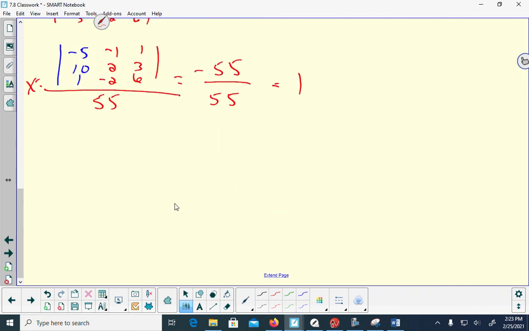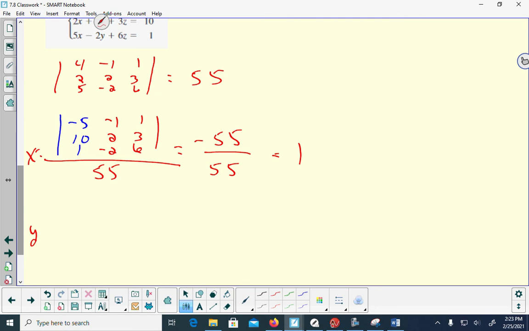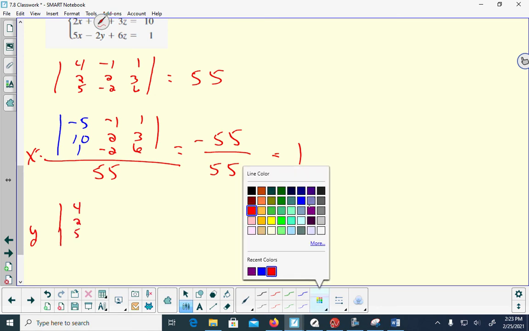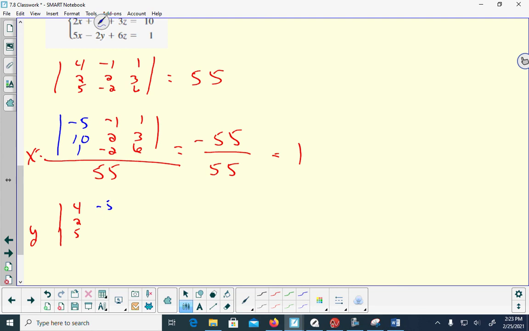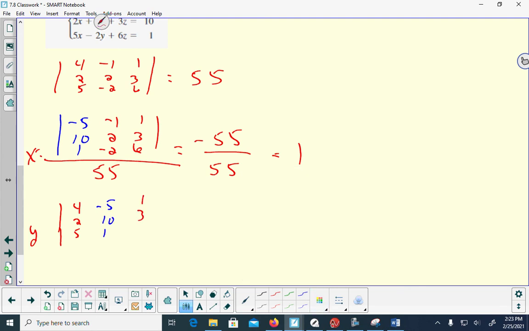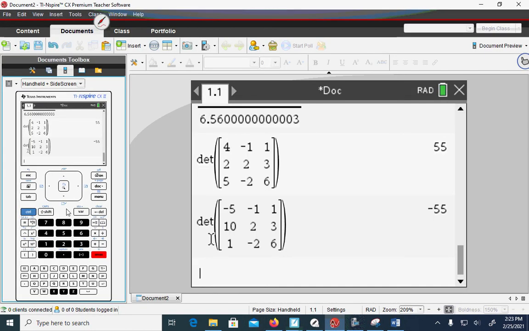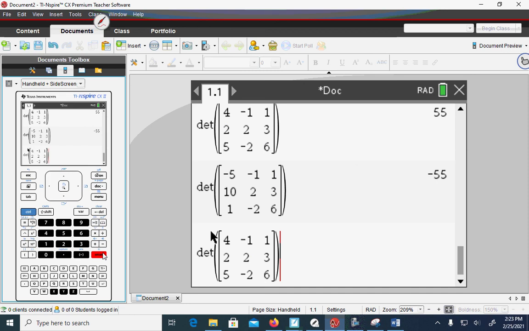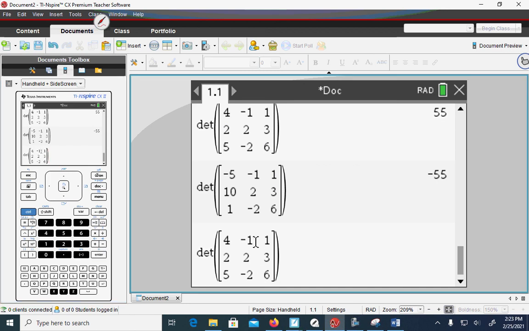Now to find the y's, my 4, 2, and 5, that x column, is going to stay the same. Now the answers -5, 10, and 1 are going to go in the y column. Everything else stays the same, and I'm going to divide it by that same 55. On my calculator, I'm going to go back up to the original one, the coefficients, because that way I'm only changing the second column, the y column.